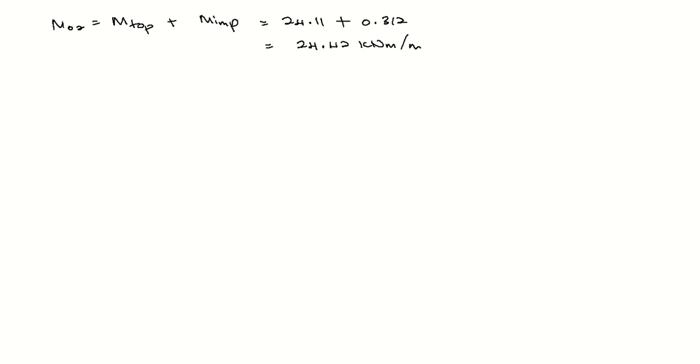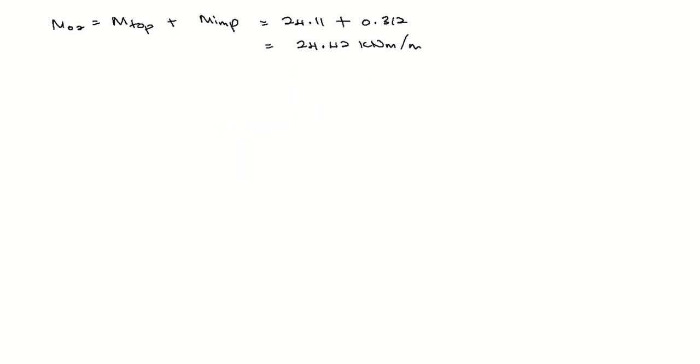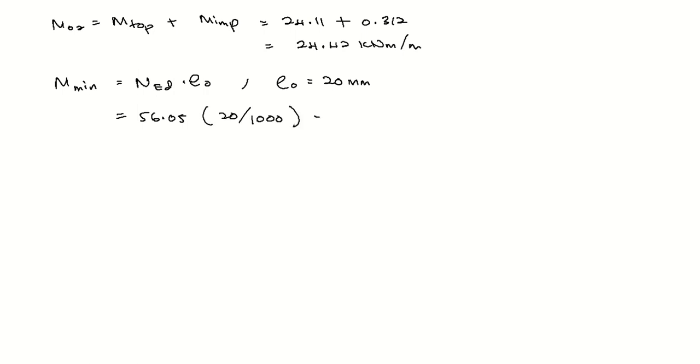And you also need the M minimum here. M minimum equals NED times E naught, where E naught equals 20 mm. We have figured out the E naught in the previous step. So NED is 56.05 times 20 over 1000, changed to unit meter also.